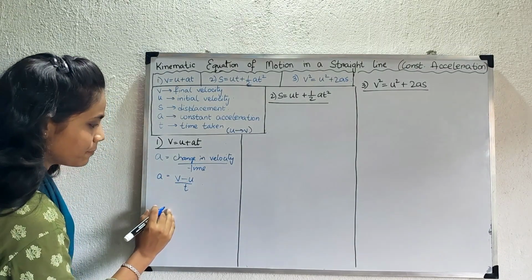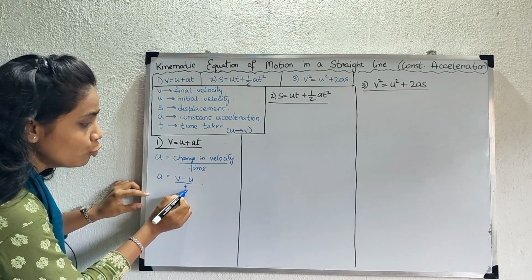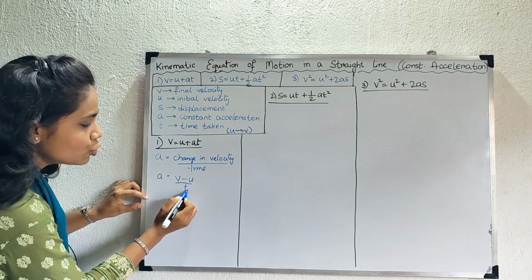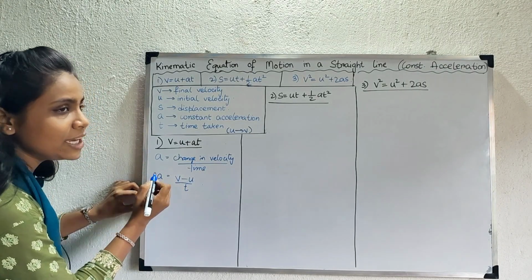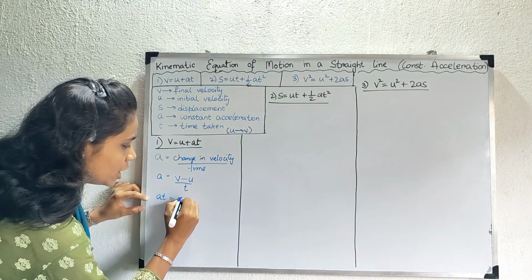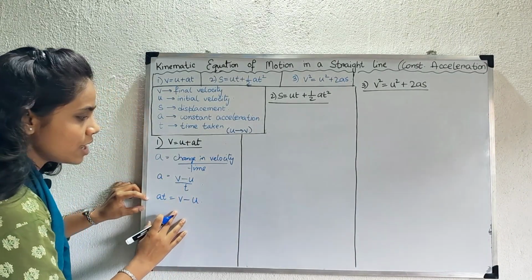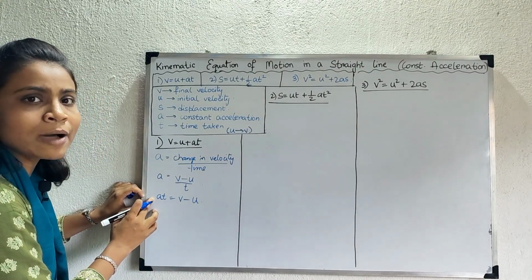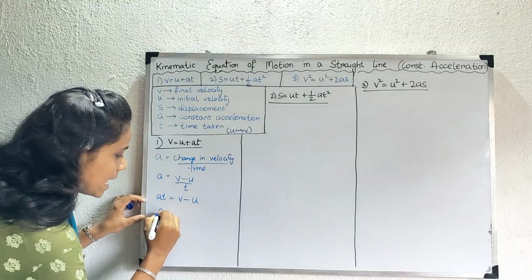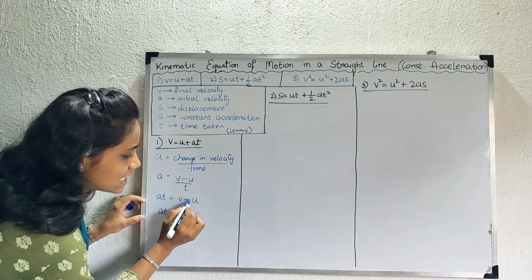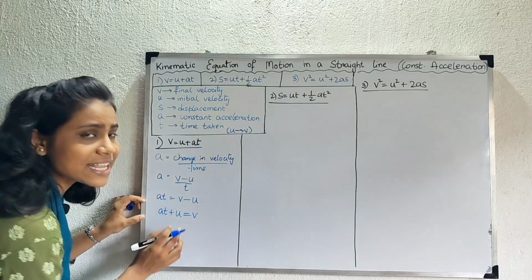This is a. Or if we move t to this side, here it is in division form, so on this side it will be in multiplication form, that is at equals v minus u. Now if we move u to this side, it will become addition, that is at plus u equals v, because on this side u has a minus sign in front.